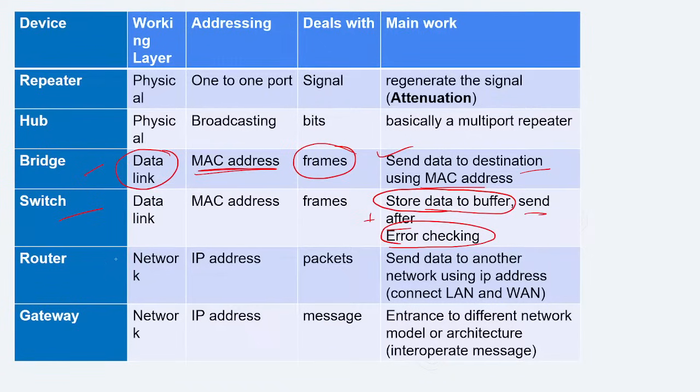Next part is the router. The router works in the network layer, with the IP address, and deals with packets. So the router works from one network to another network through the IP address. That is the main thing.